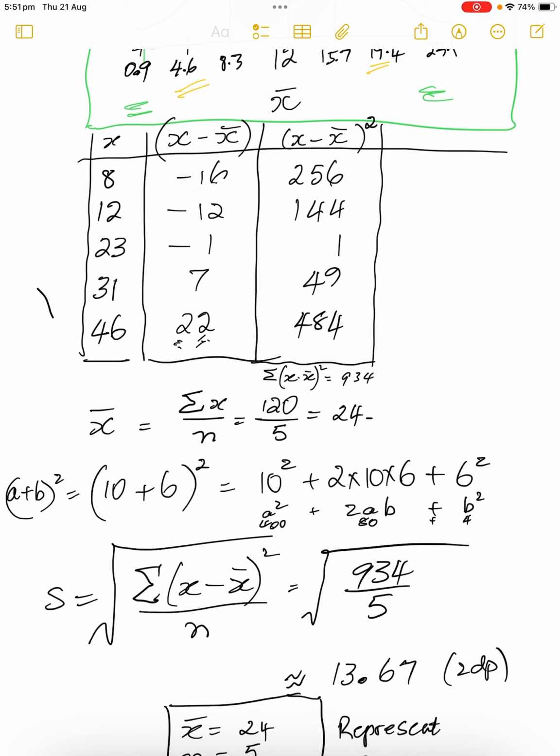We've calculated a mean of 24 and a standard deviation of 13.67. So let's test and see if we're correct. And we've got 5 and it's 5.